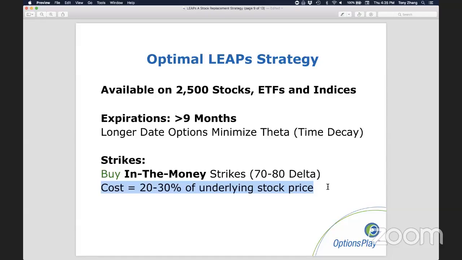That will get you in the right range of the in the money 70, 80 delta call options. So even if you're not looking at delta, just by cost alone, you should be able to eyeball the right strike to buy. 20 to 30% of the underlying stock price is usually a good starting point if you're buying a LEAP option.